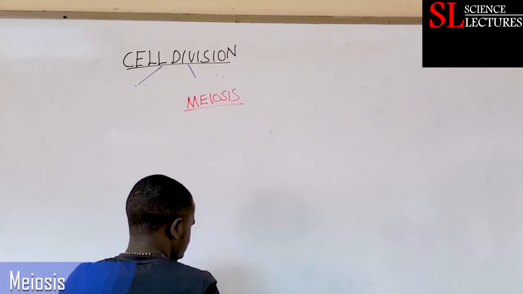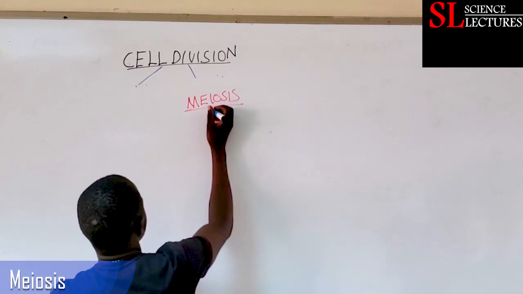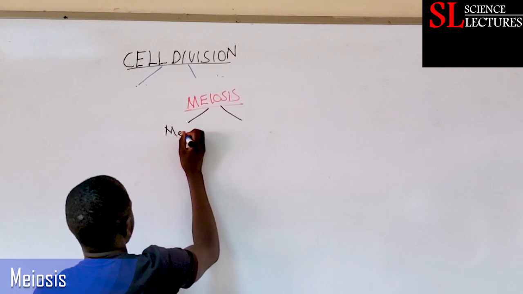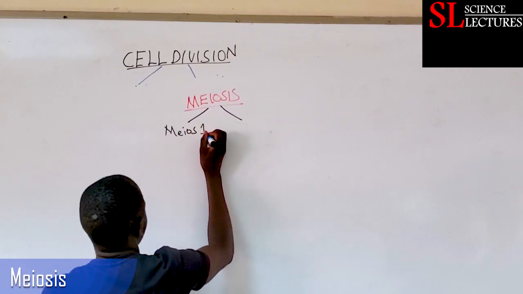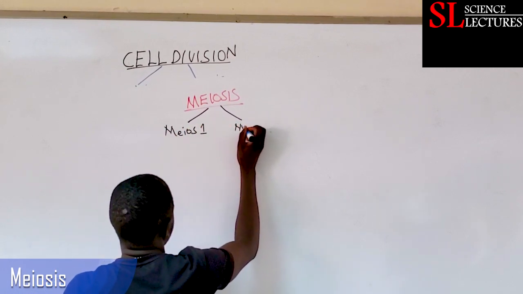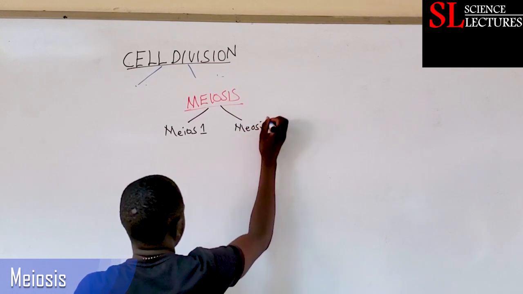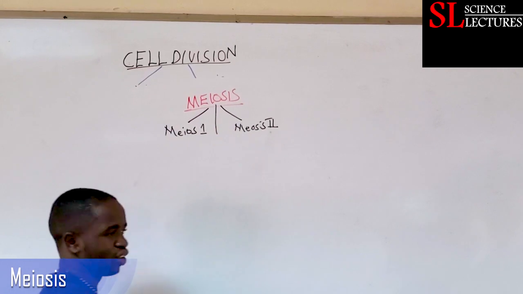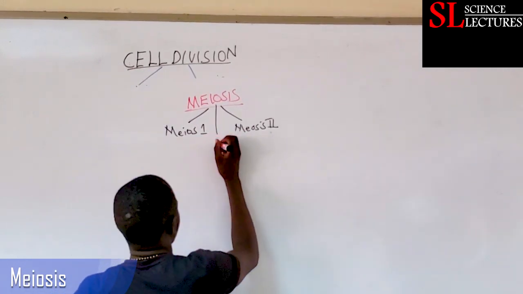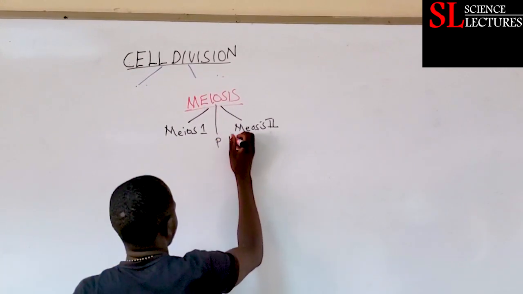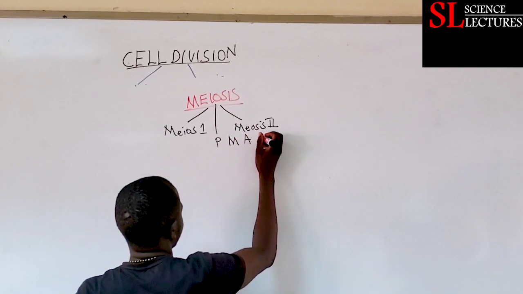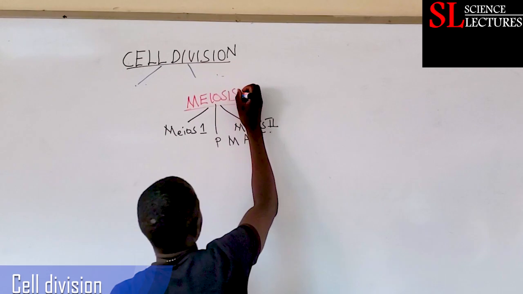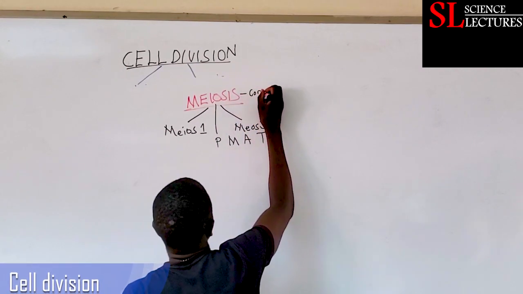Meiosis happens in two stages, that is meiosis 1, then meiosis 2. Meiosis involves the phases we saw: prophase, metaphase, anaphase, then telophase. But it is very important to note that meiosis happens in the gonads.